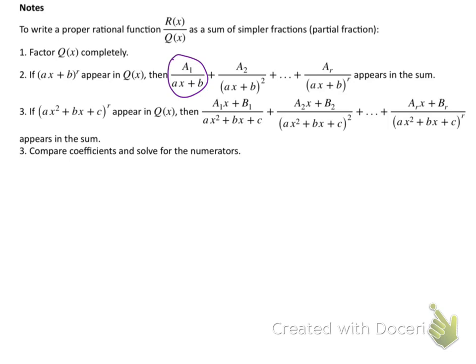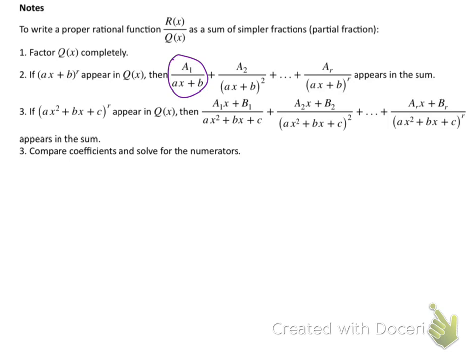Now, if you have a quadratic factor, ax squared plus bx plus c, same thing, it could be repeated with a power. If you have a quadratic factor in the denominator, you assume the numerator has 1 degree lower, which means you don't have the x squared term, but you have an x term and a constant.